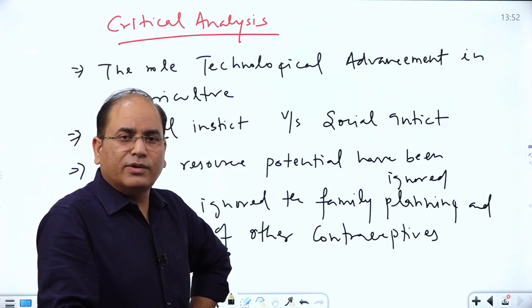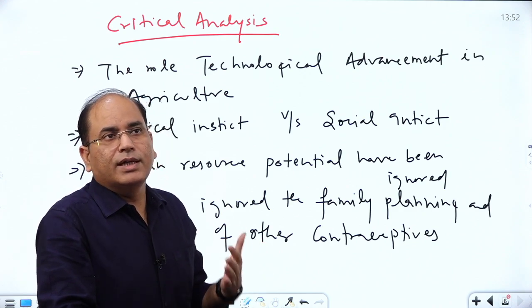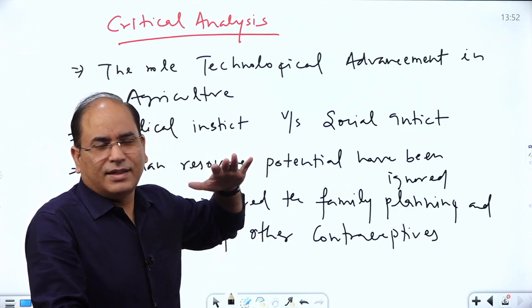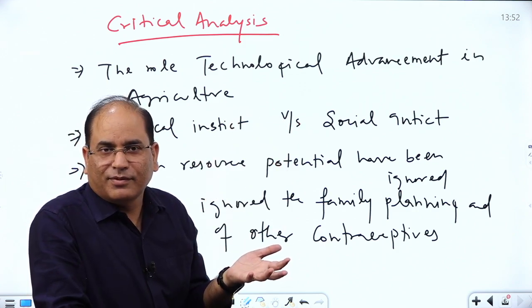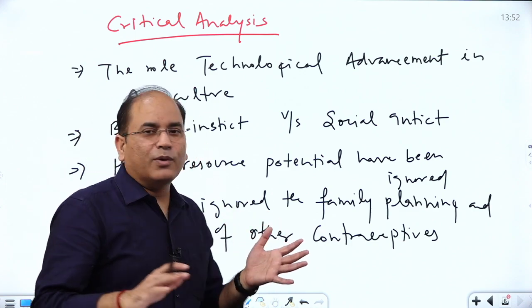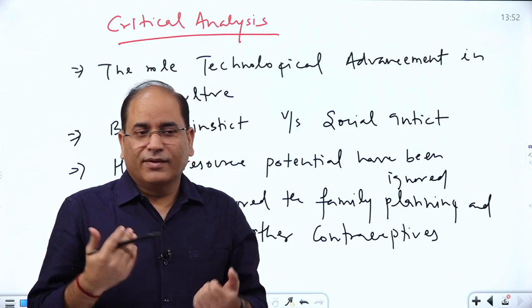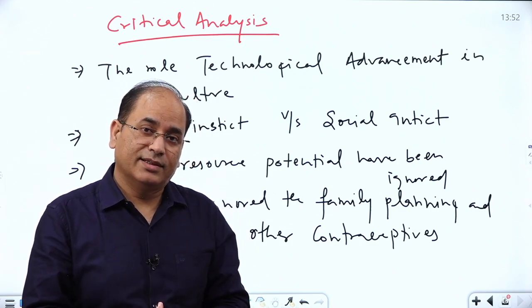And why did he ignore that? If we start looking at why he ignored that, it is simply because he had already decided what the end was going to be. The end was very much decided: we need to portray population as a negative, pessimistic thing.